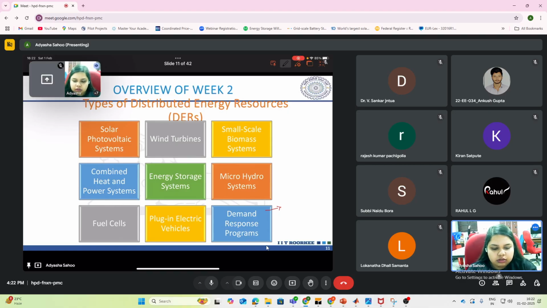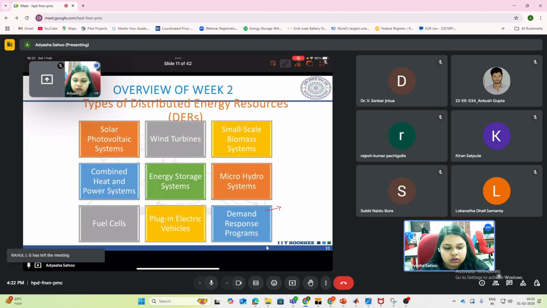So basically, when the demand is able to react to the system conditions, that means flexible demand, in simple words, to support the system operation.